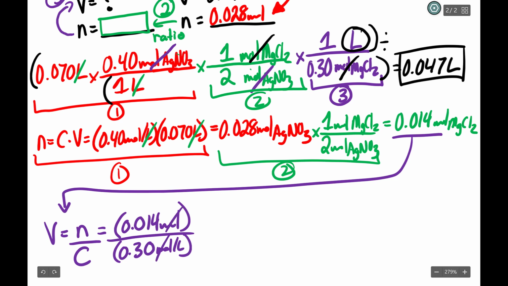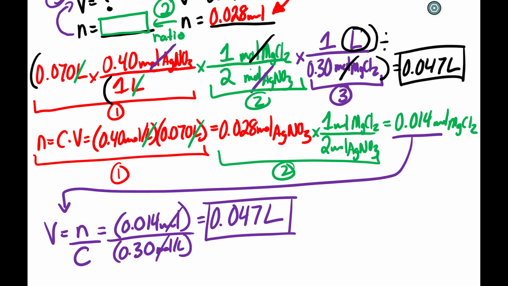The moles would cancel out. 1 over 1 over a liter would invert the unit, and so I get the exact same answer of 0.047 liters. Whichever way works best for you is fine by me, as long as you're getting it right.